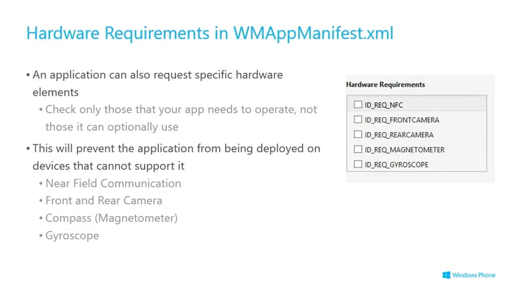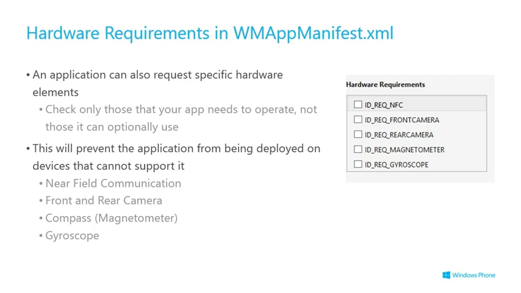There's also a section called hardware requirements. You don't check these if you optionally use them. You need to check these if you have an absolute requirement for them, because this is used to filter the presentation of your app in the store application.